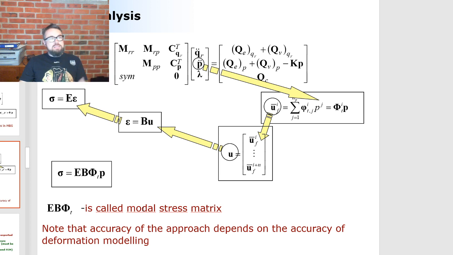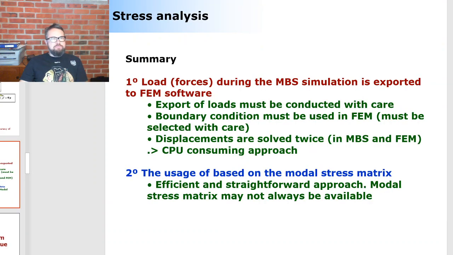Now, why is this nice? Well, this is nice because directly from modal coordinates you can get an estimation of stresses. So in the equation of motion you solve directly for the p's, which are modal coordinates, and as a post-processing technique you can have an estimation of stresses. So that's how it goes.